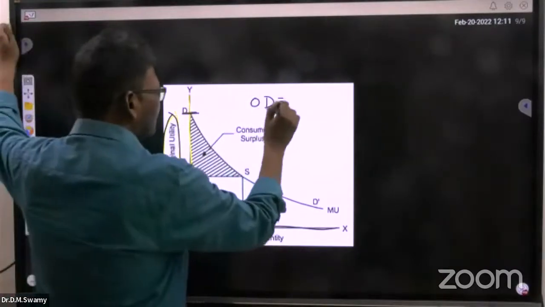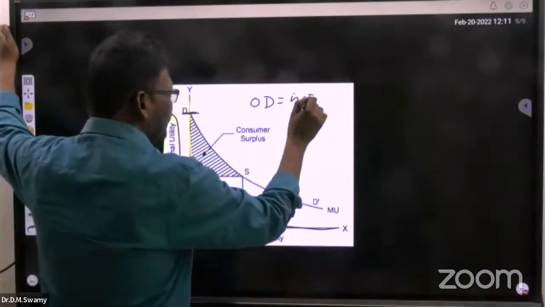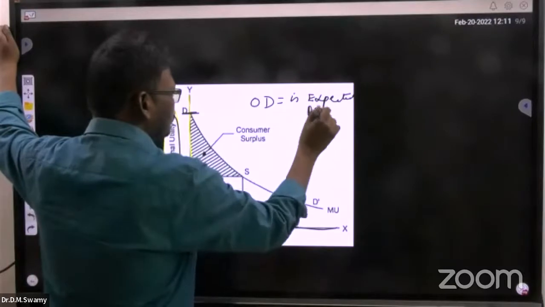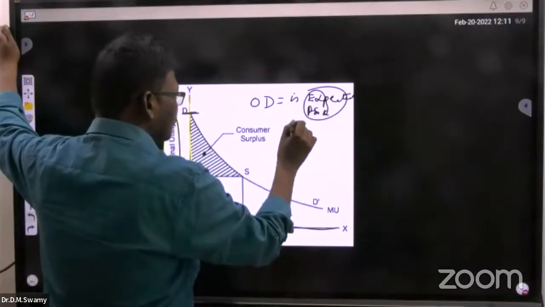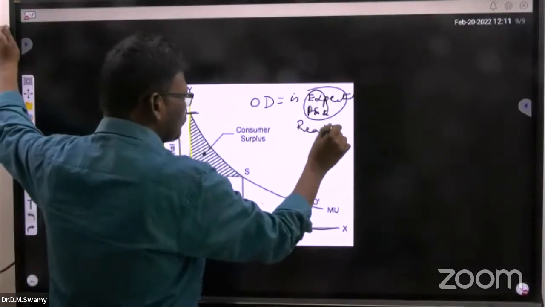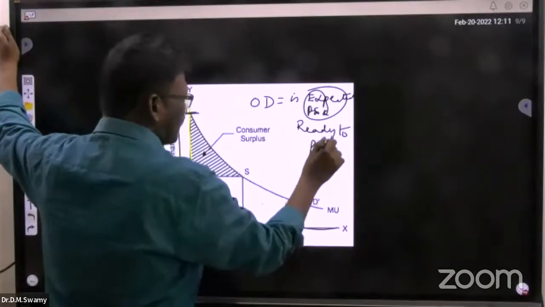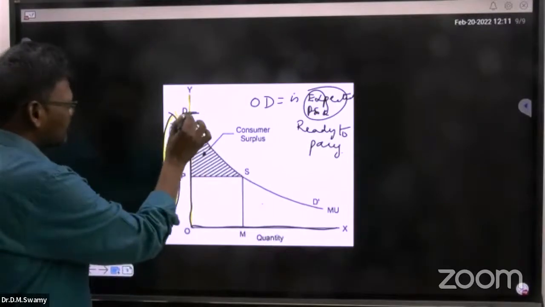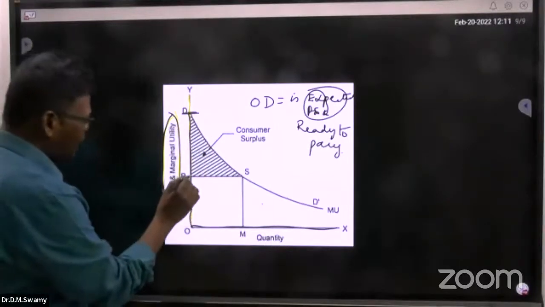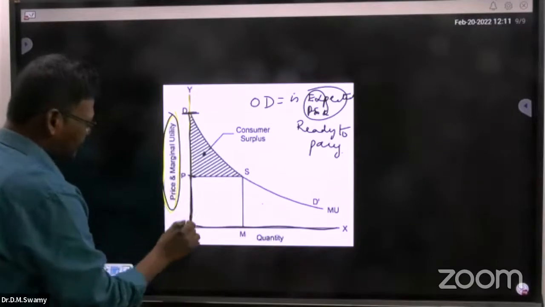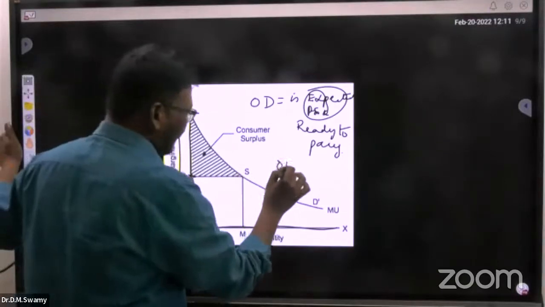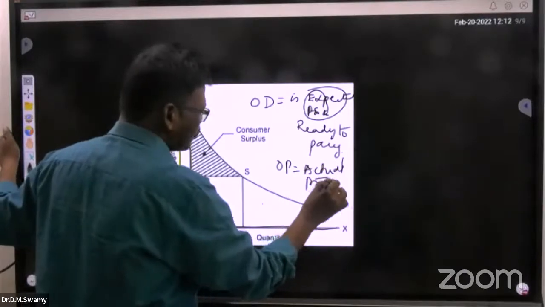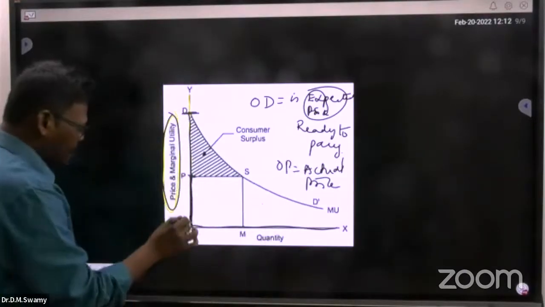OD is the expected price, that is ready to pay. But you paid only OP. OP is the actual price.